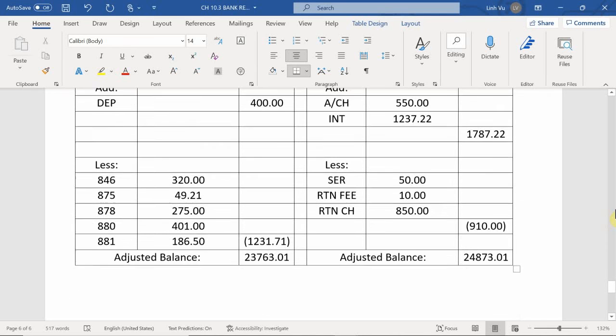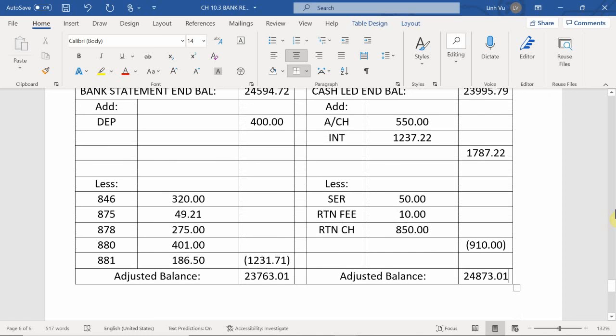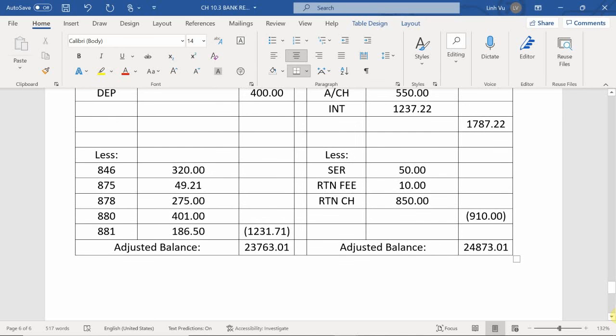In this case, do my ending balances match? No, that means I have more left. Okay, let's calculate what the difference is.